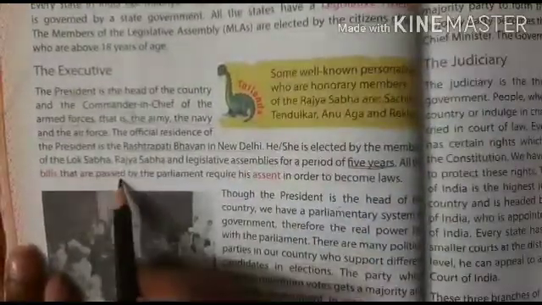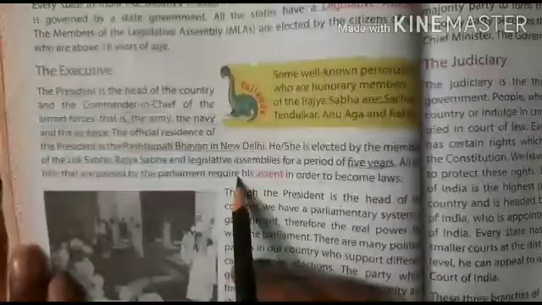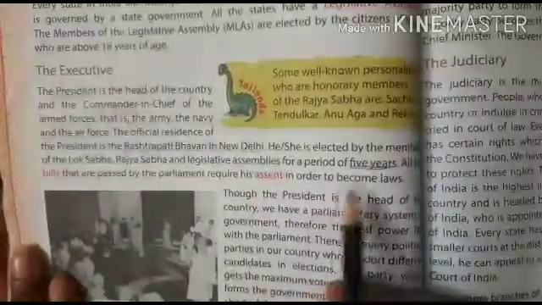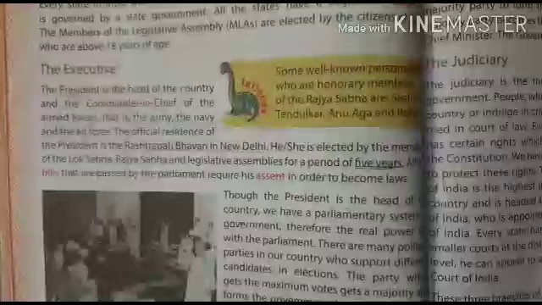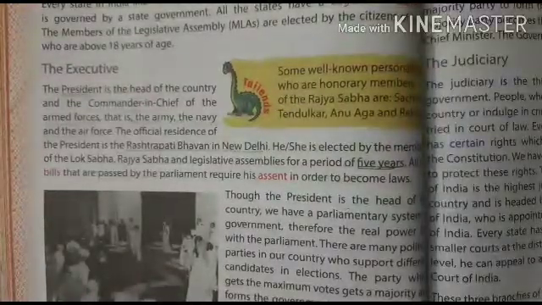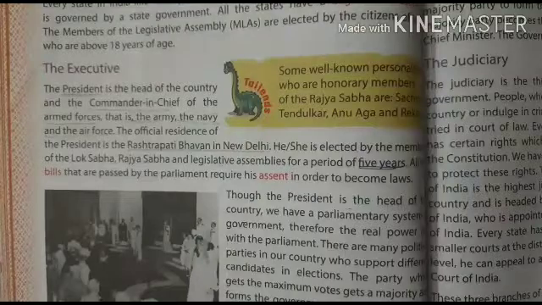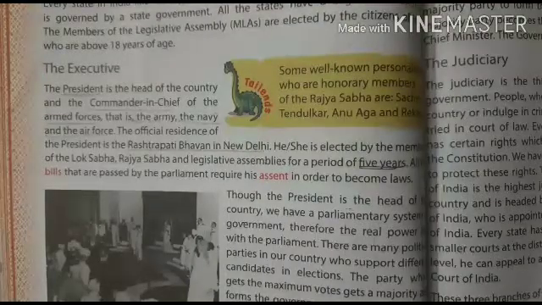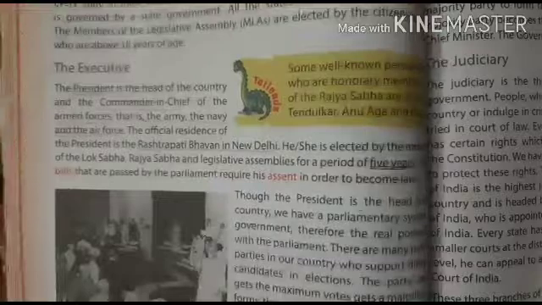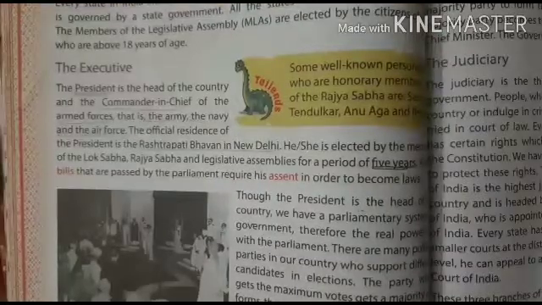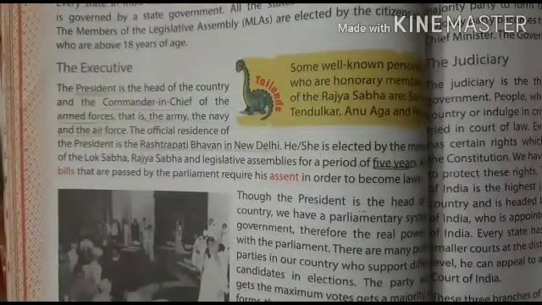All the bills that are passed by the parliament require his assent in order to become laws. Whatever bills, whatever rough drafts of laws, or any approval that needs to be done, that approval is given by the president.